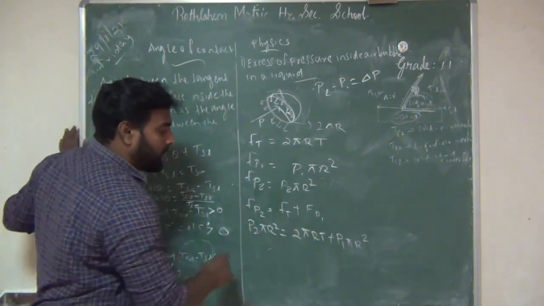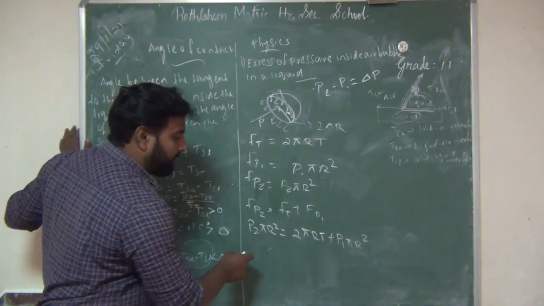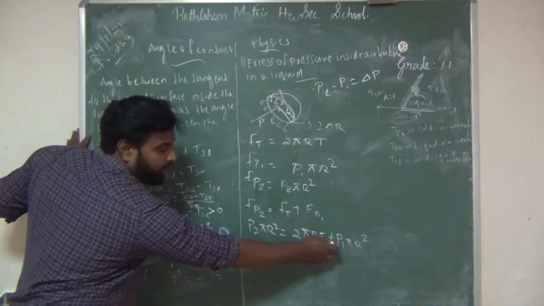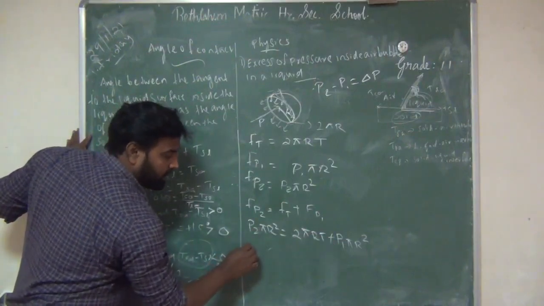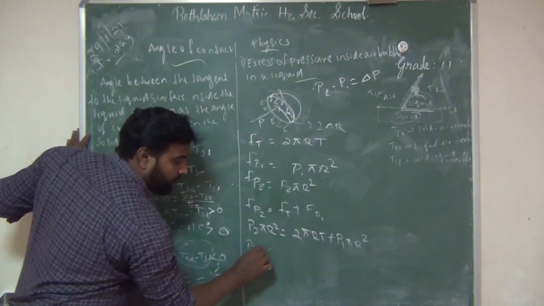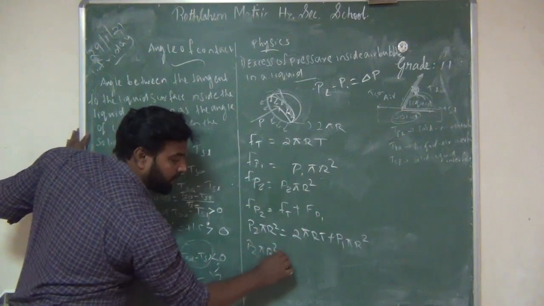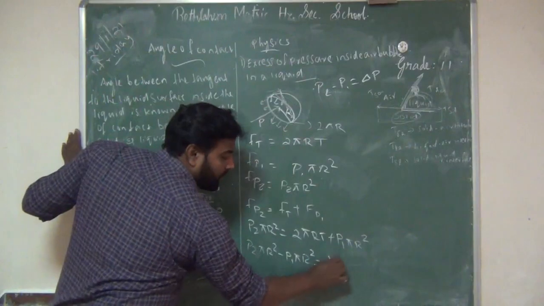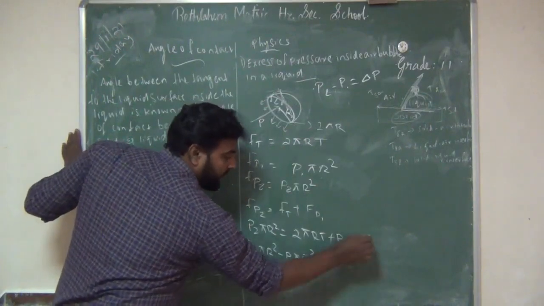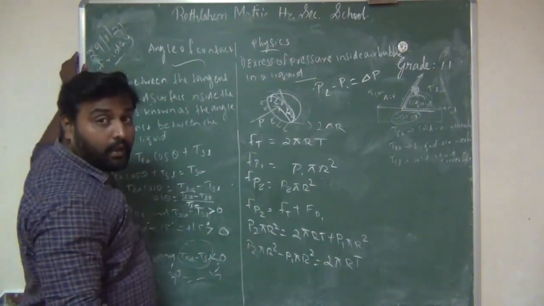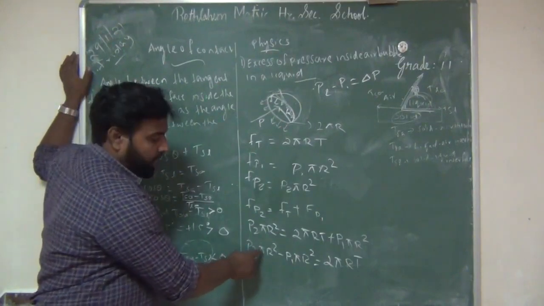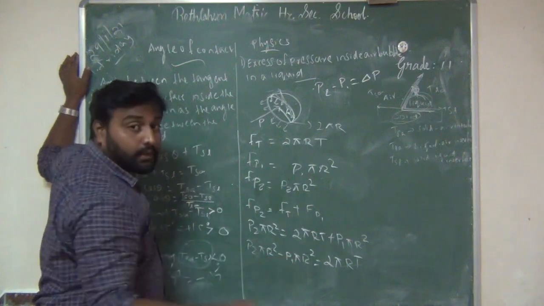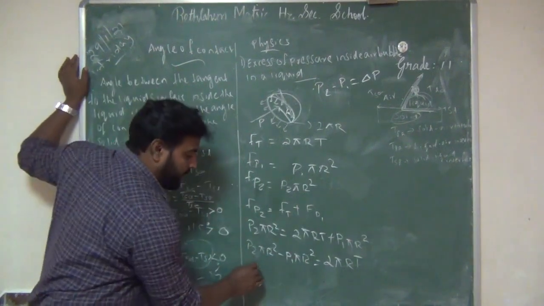Now take this P1 pi r square to this side. So what we will get is P2 pi r square minus P1 pi r square is equal to 2 pi r T. Here pi r square is common, so take pi r square outside.